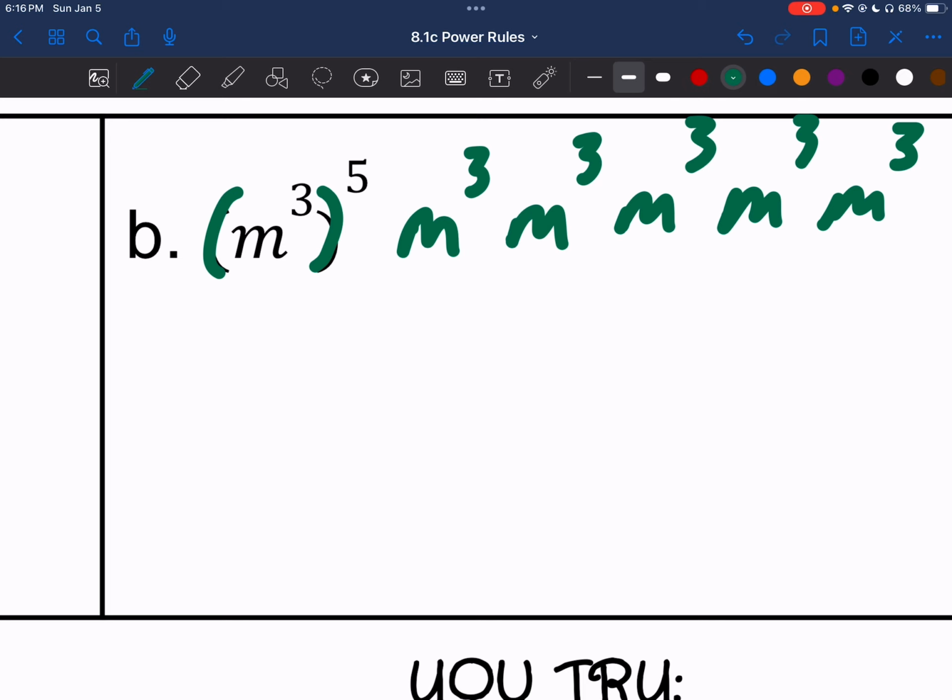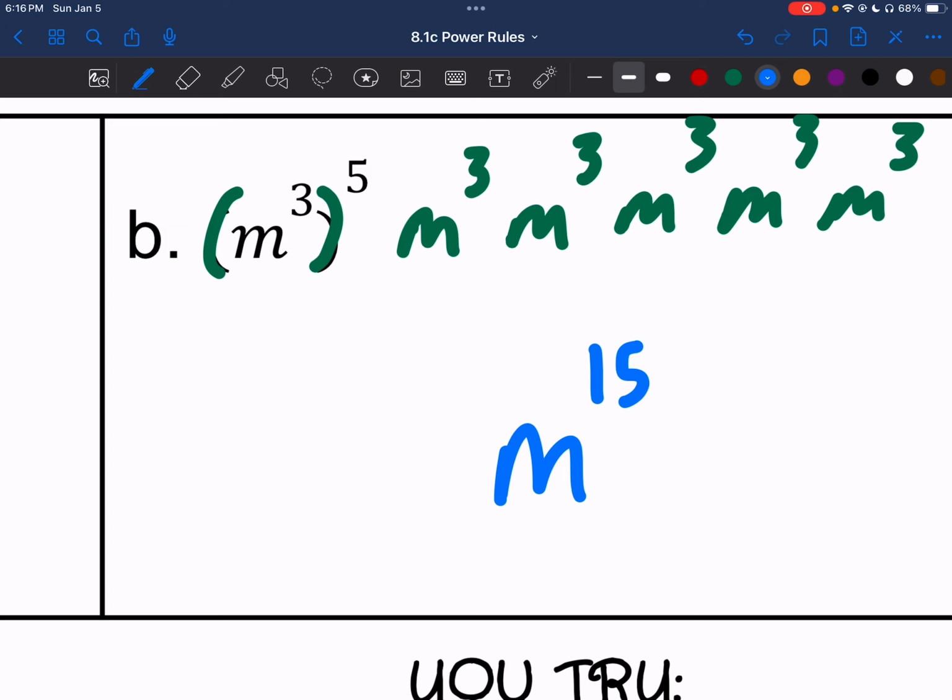Now we add them all up: 3 plus 3 plus 3 plus 3 plus 3 is 15. And we get m to the 15th power. Remember, multiplication is just a shorter way of doing addition. It's repeated addition. So we're adding 3 5 times. 3 times 5 is 15.